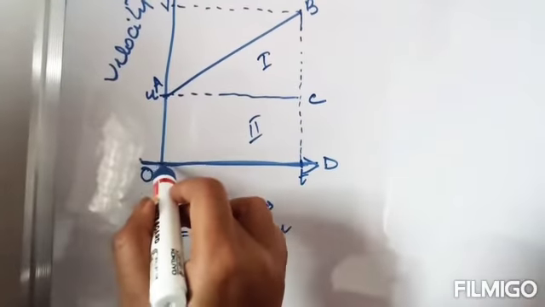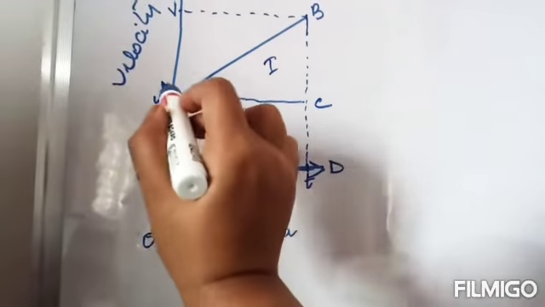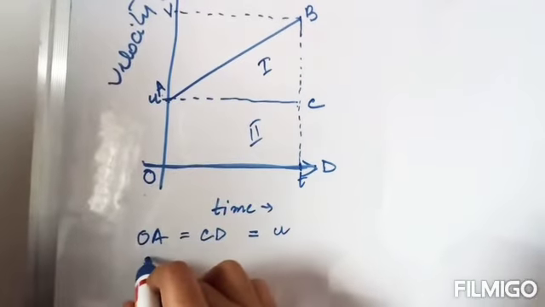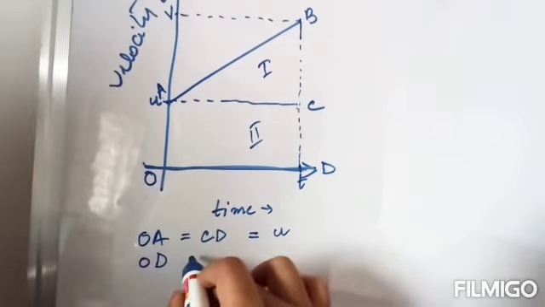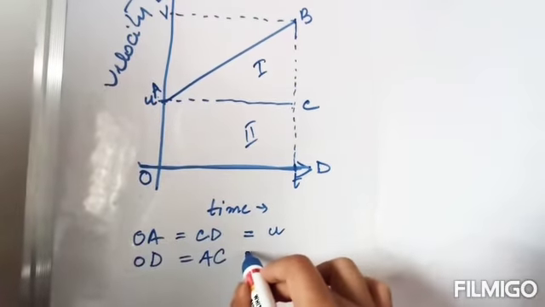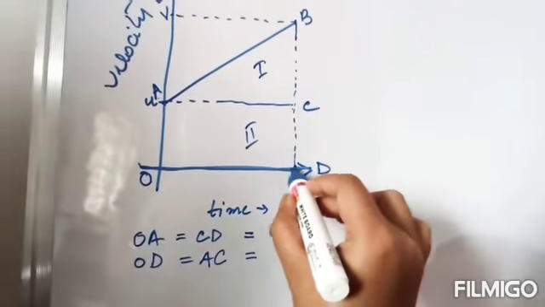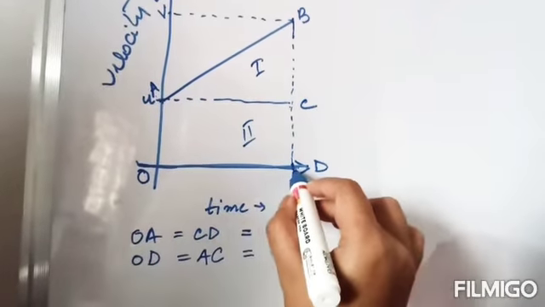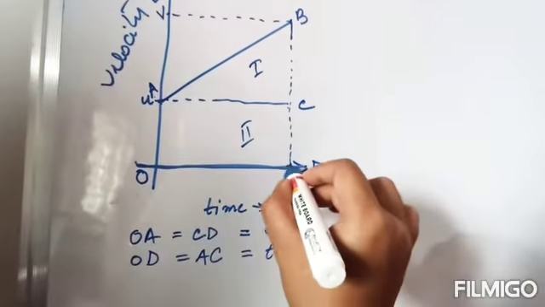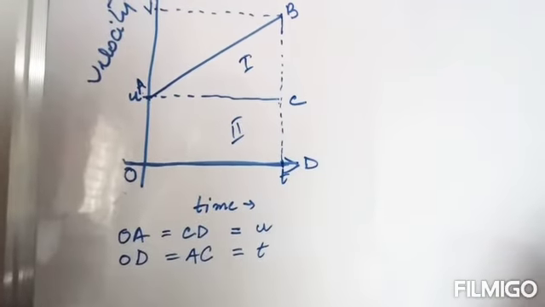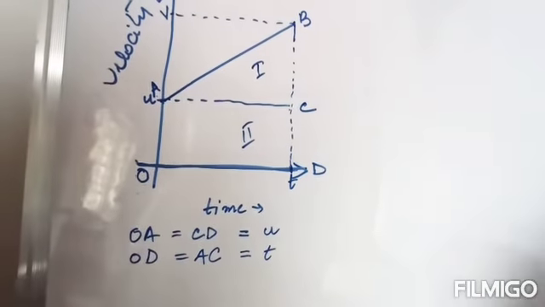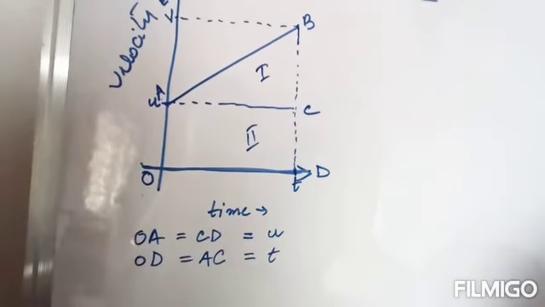Again, these two distances OD and AC are also equal, so OD is equal to AC. What is the length of this figure? It is T. From here to here this value is T only. So this will be T, correct?